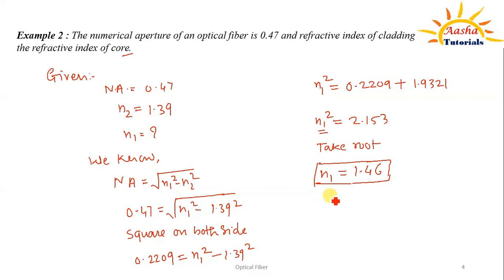Here again we can judge whether our answer is right or wrong by checking the relation between n1 and n2. You find in this example n1 is greater than n2. That means it is correct, as we know in an optical fiber the refractive index of core is always greater than the refractive index of cladding. Okay, then let's see the next problem.